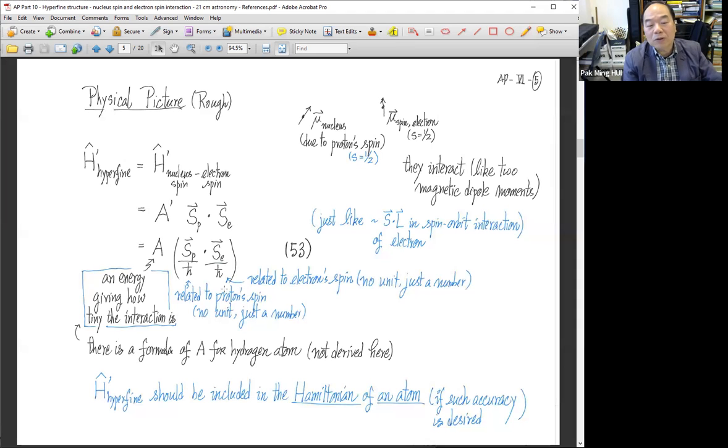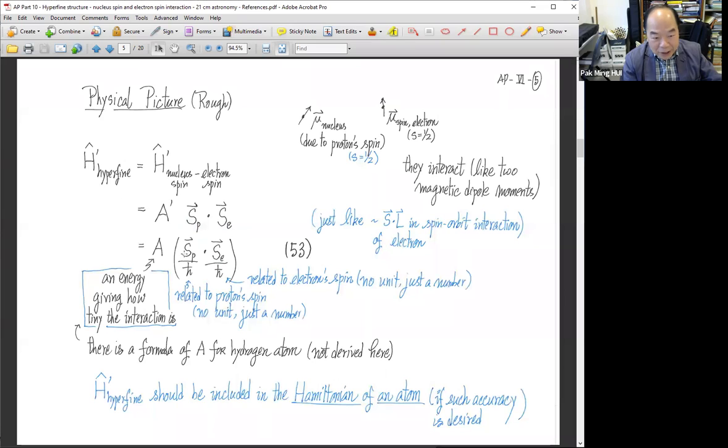So all I want to take from a more detailed discussion of the interaction between these two magnetic dipole moments is the form that goes like the spin of the proton dot into the spin of the electron. Now, each of these is a spin angular momentum, thereby there is an h bar in here, and an h bar in here in units.